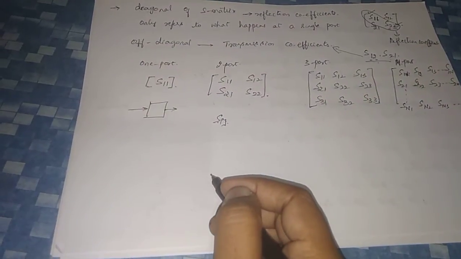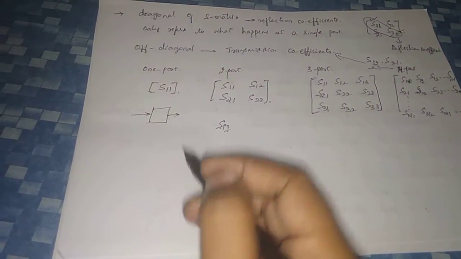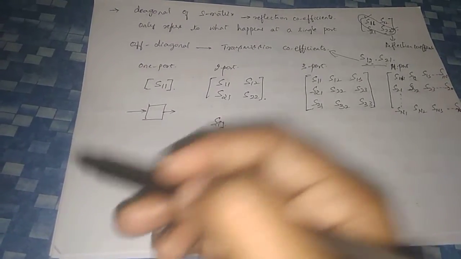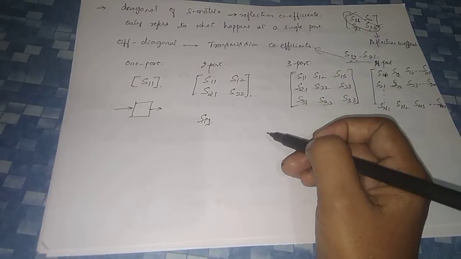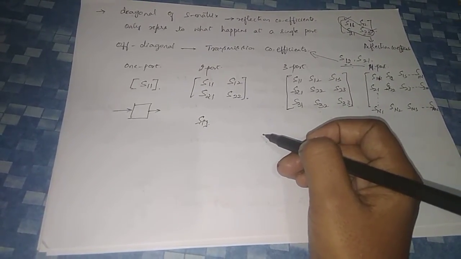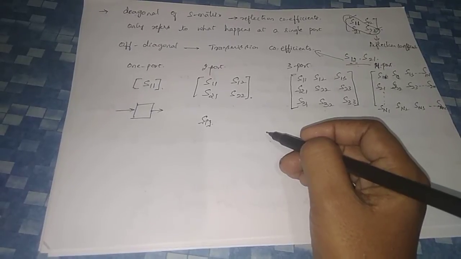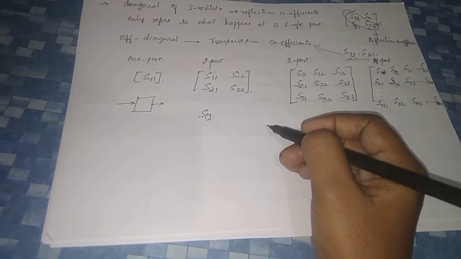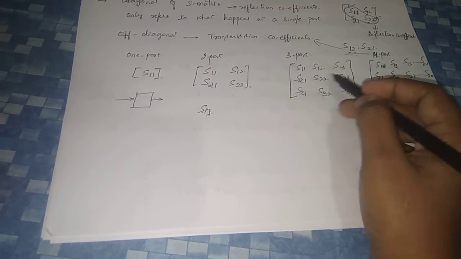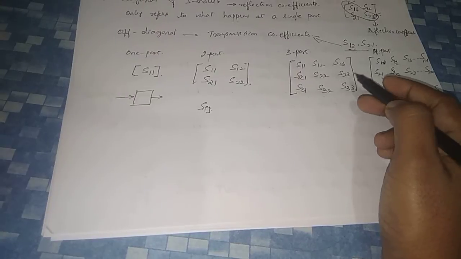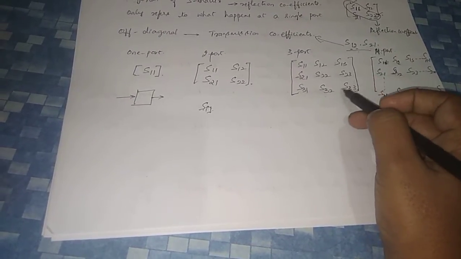S parameters describe the response of an n-port network to a signal incident at any or all of the ports. So you are finding the response of n ports for a signal incident at a single port or all the ports.